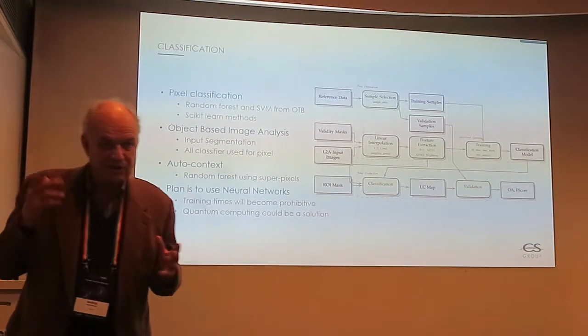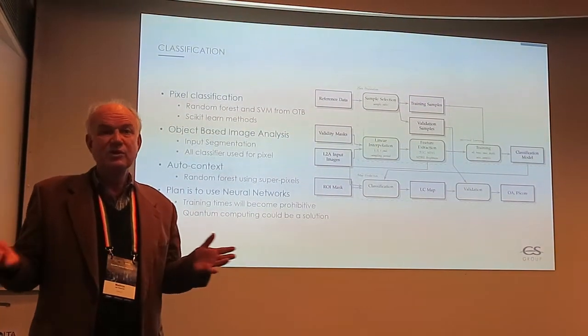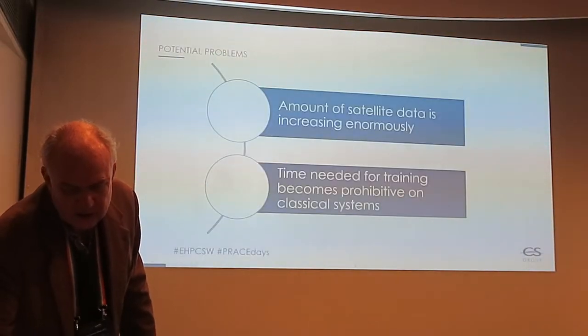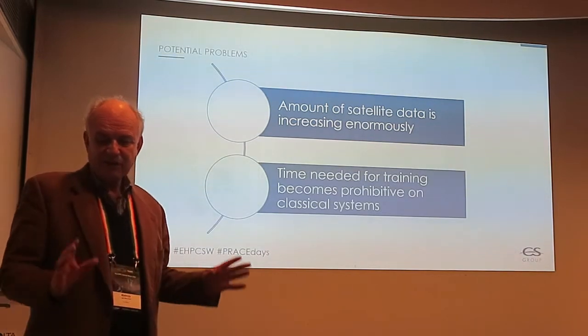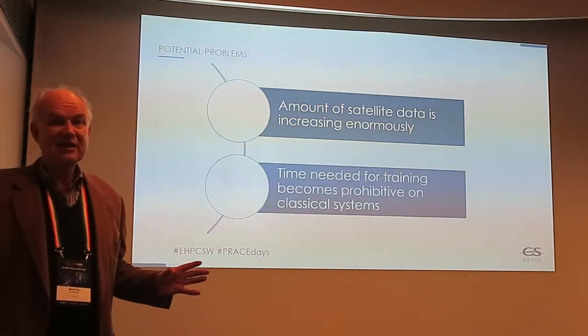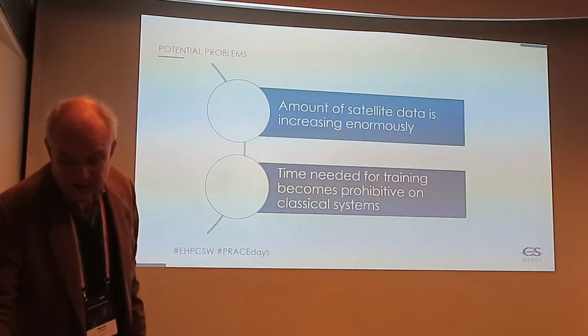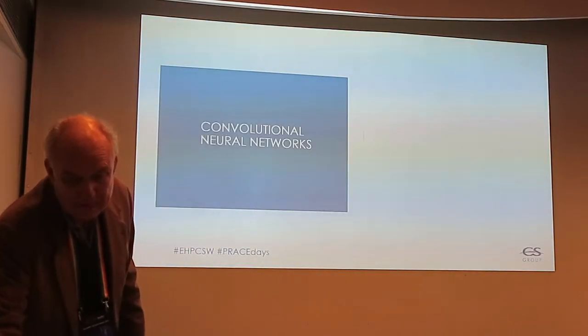So this was one of the reasons to say, let's see if quantum computing could be a solution for this problem. To summarize, the amount of data is increasing enormously, and the training times become prohibitive, so these are the reasons for this project.